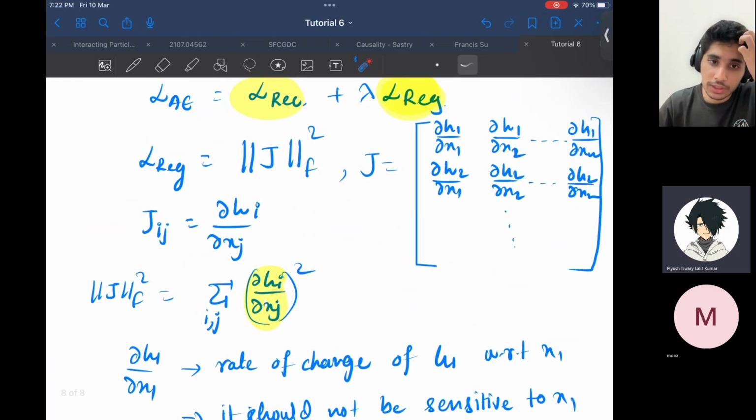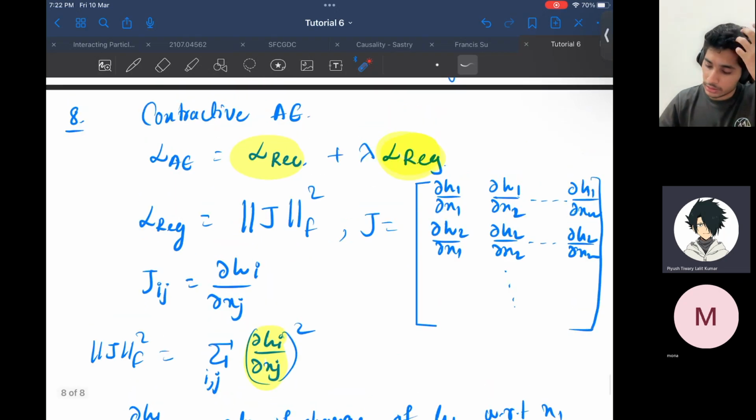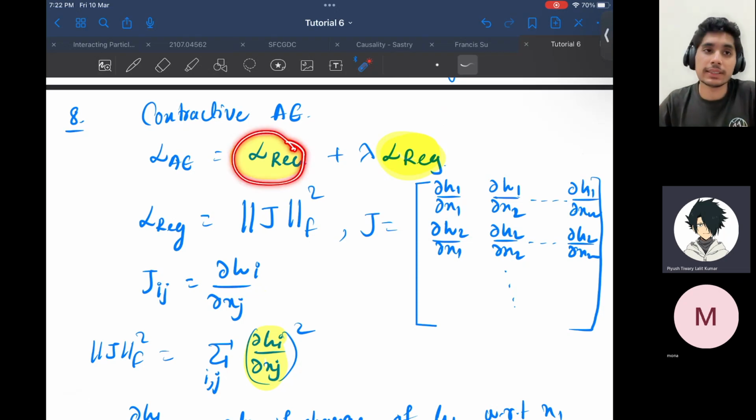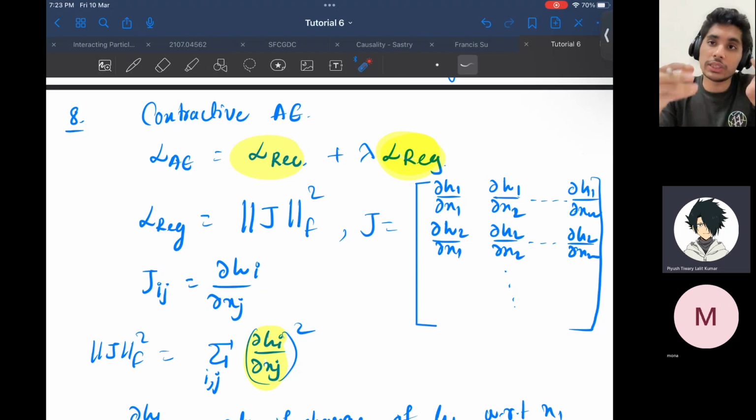Here is the thing. What is the problem with being sensitive to all the inputs? Even if there is some noise in the data, let's say there is some x1, and you add some very small noise to it. If your representation is very sensitive to your input, then the representation you learn for the noisy data will be very different from the representation for the original data.